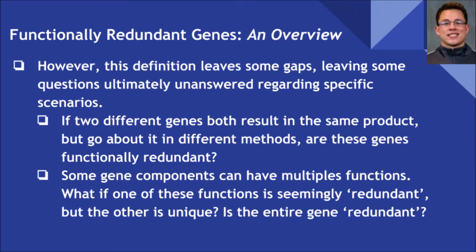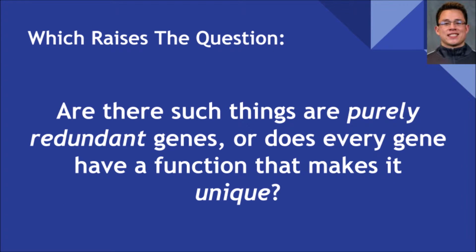Another gap is if a gene has multiple functions, and one of those functions is seemingly redundant, but the other does something unique to the organism, does that make the entire gene functionally redundant in the biological sense? These questions are largely unanswered. There's no set ultimate definition for functionally redundant, so a lot of these specific scenarios aren't exactly answered. So this gets into our presentation.